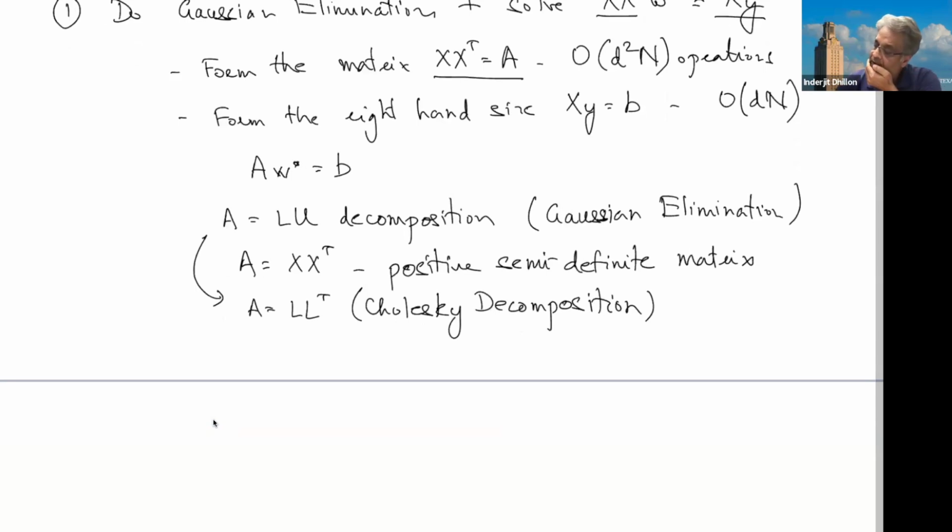Okay, and so let me just let you see what L is. L is lower triangular. U is, sorry, and of course L transpose then is upper triangular.